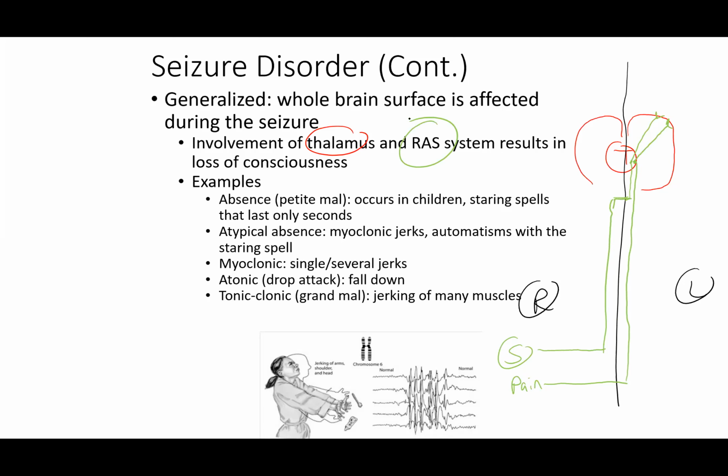If these are affected, then the person can lose consciousness. The petit mals, or the staring spells, they kind of have that distant look to them.